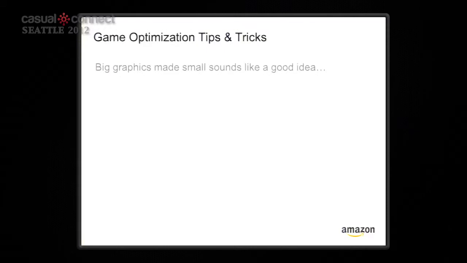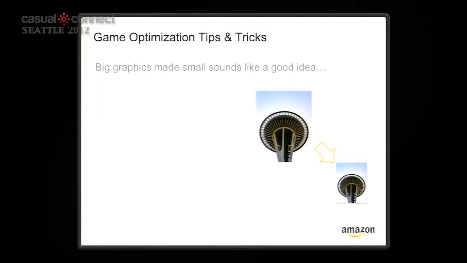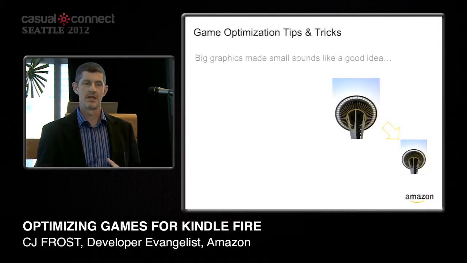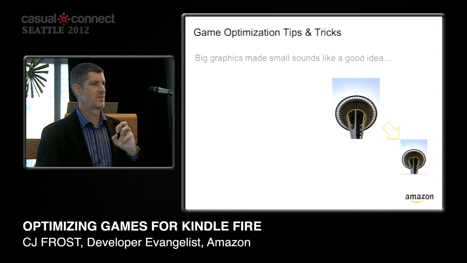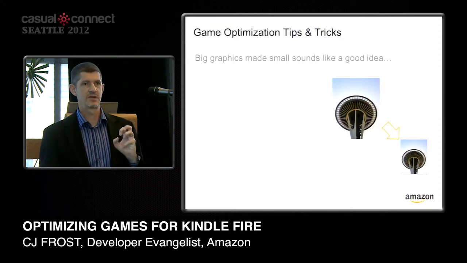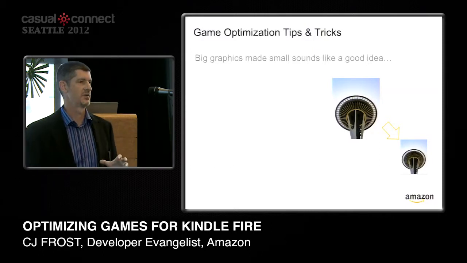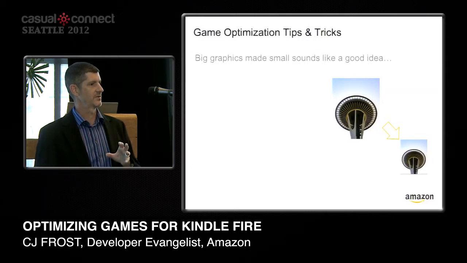So for the last few minutes I'm going to talk very briefly about some specifics of optimization. One of the things that we've noticed in games is that either a game is being ported from another platform, or it's a console game or a PC game, and the graphics don't look quite as good on the tablet as we'd like them to.